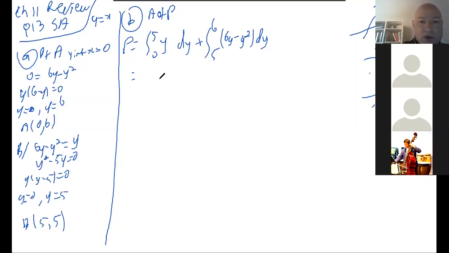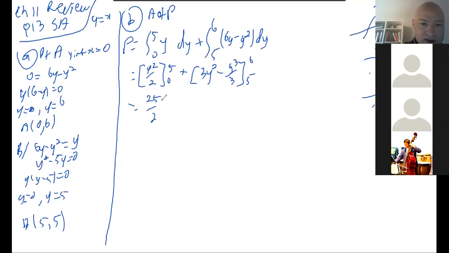Do you want me to do all the integration, or can I just leave a couple of steps? You know what, I'll just do it. y squared divided by 2 between 0 and 5, and 3y squared, that will give me the 6 minus y cubed over 3 between 5 and 6. Okay, substitute the 5 in. 5 squared is 25, so 25 on 2 minus 0.